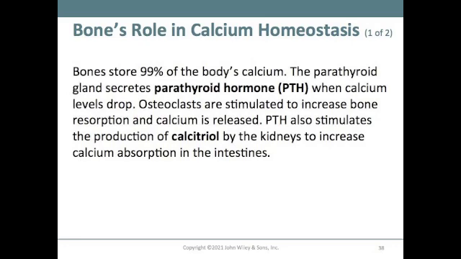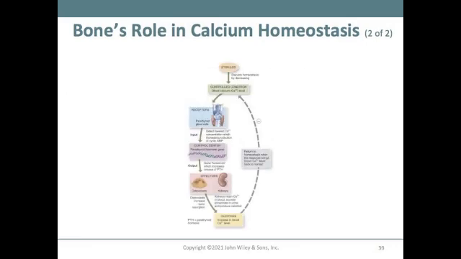Then, when the calcium levels drop, osteoclasts are stimulated to increase bone resorption, and calcium is released. The parathyroid hormone also stimulates the production of calcitriol by the kidneys to increase calcium absorption in the intestines. Interesting stuff, huh? Aha! Doesn't this look familiar?